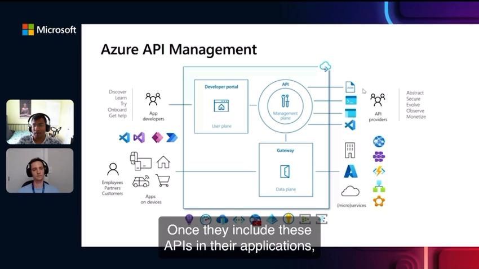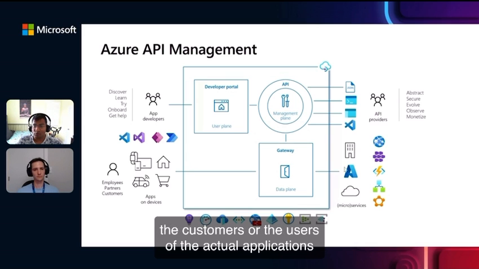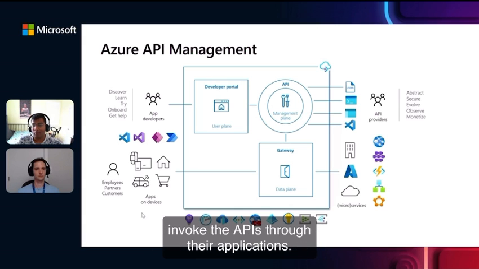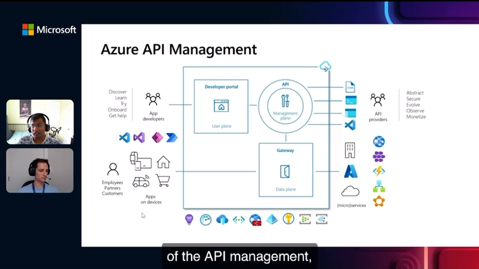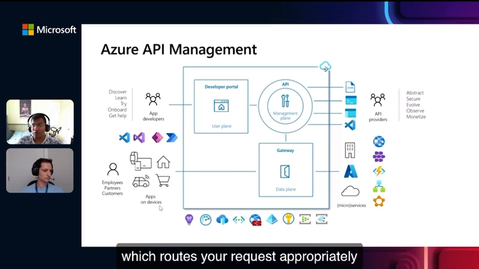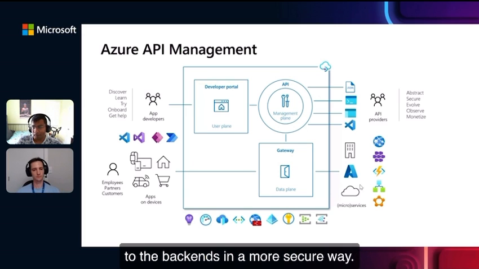Once they include these APIs in their applications, the customers or the users of the actual applications invoke the APIs through their applications. This persona interacts with the gateway component of API management, which routes your requests appropriately to the backends in a more secure way.